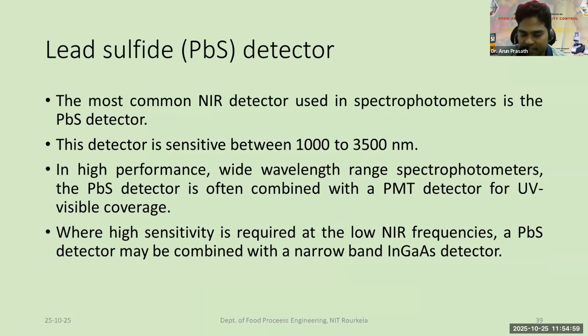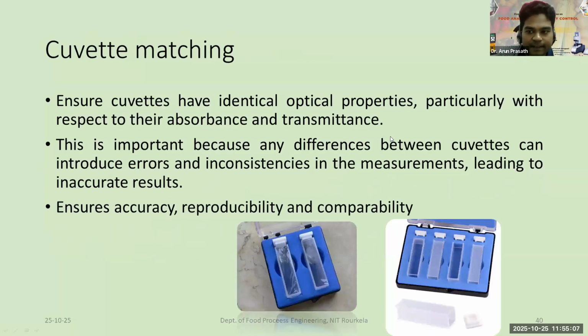This is another type of detector, which detects light within the higher range of 1000 to 3350 nanometers. And then the final component is our cuvette. The cuvette is simply the sample holder.